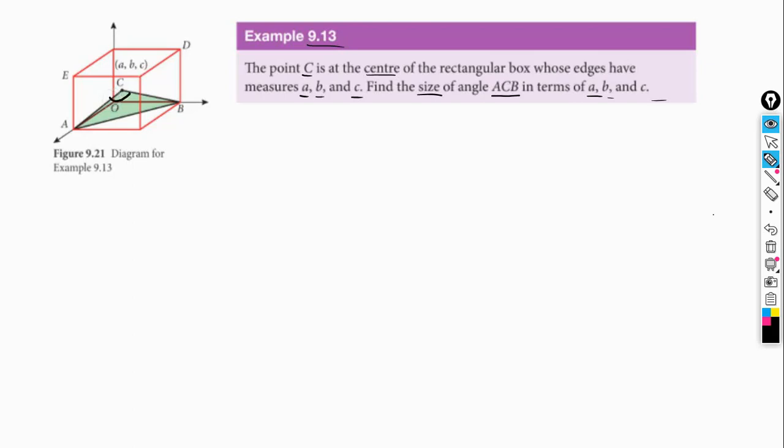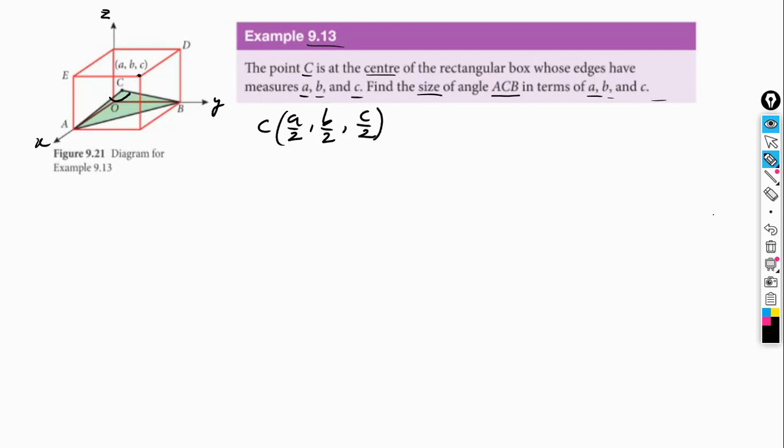Notice that the coordinates of this vertex over here are (A, B, C), because A would be the distance in the x-axis, B would be the distance in the y-axis, and C is the distance in the z-axis. Now, because point C is at the center of the rectangular box, its coordinates must be halfway to (A, B, C). So point C should be (A/2, B/2, C/2).